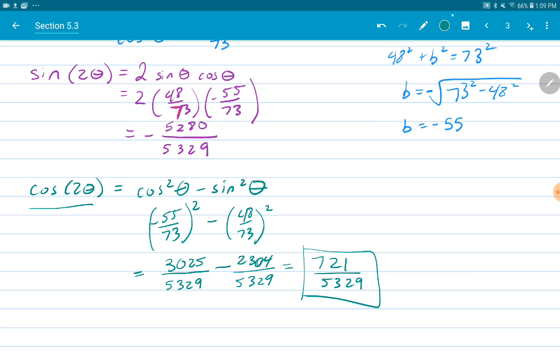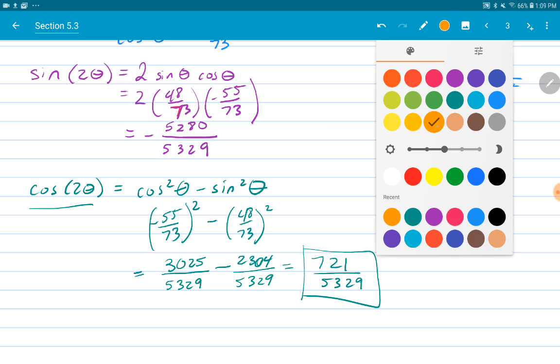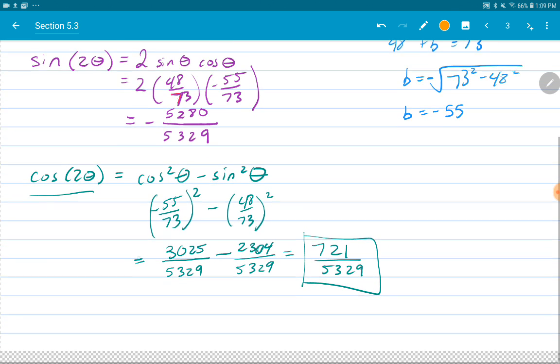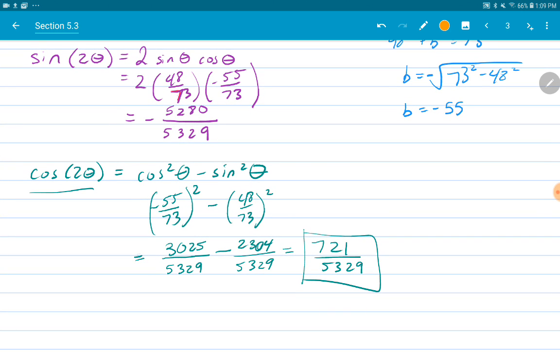And then the last one is tangent. I didn't find the tangent of that triangle. I can if I want to. But an alternative to that is to recognize that tangent of 2 theta is equal to sine 2 theta over cosine 2 theta. And I have those here and here.